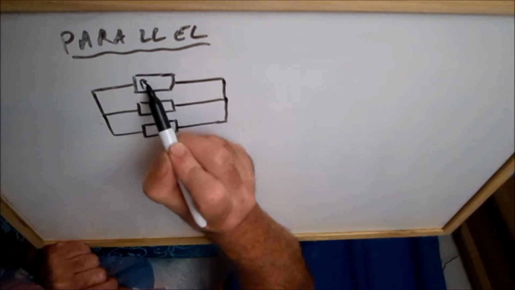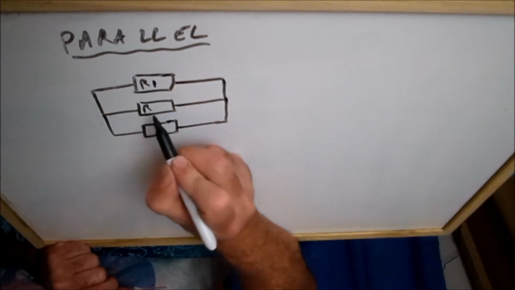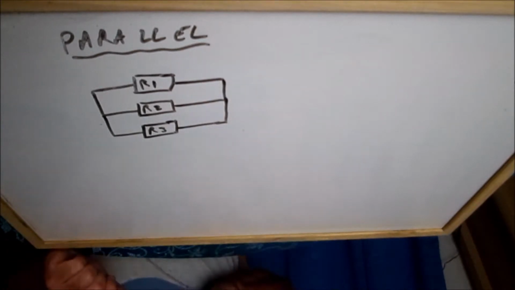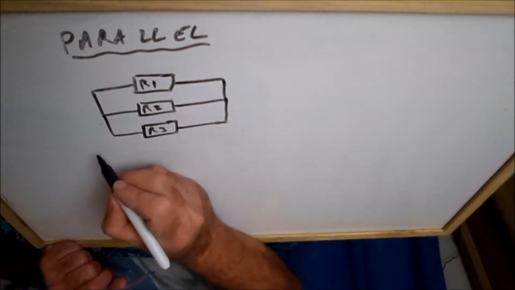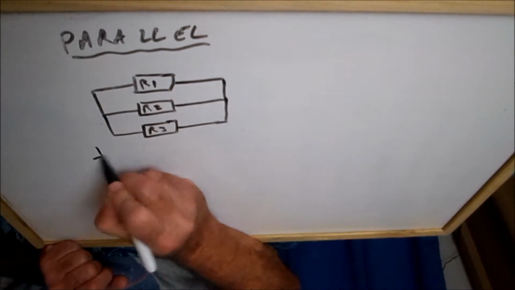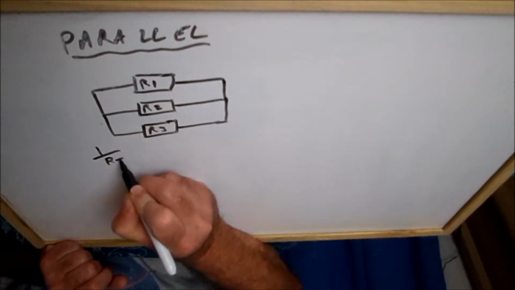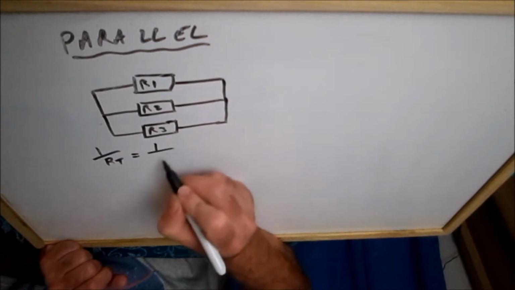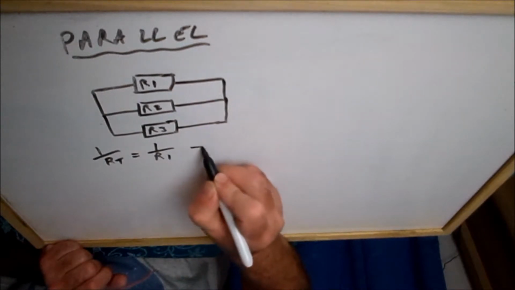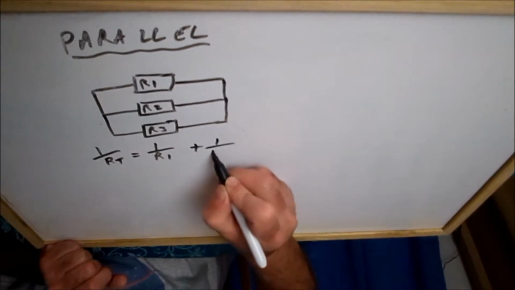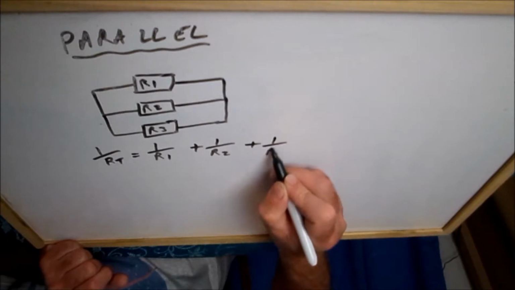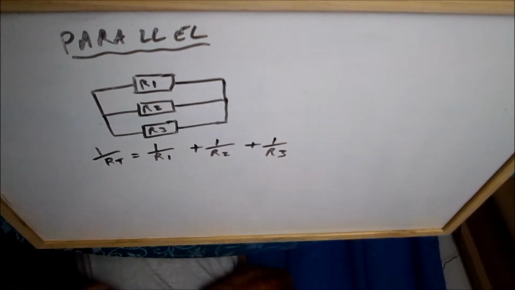And we can call this R1, we can call this R2, and we can call this R3. Now, the way we calculate this one is going to be 1 over RT, T for total resistance again, is equal to 1 over R1 plus 1 over R2 plus 1 over R3. So that's the way we go about this.